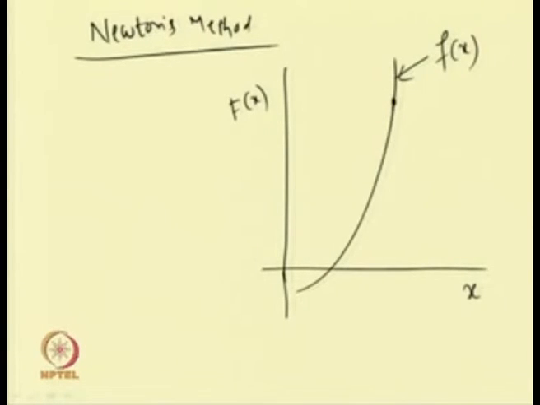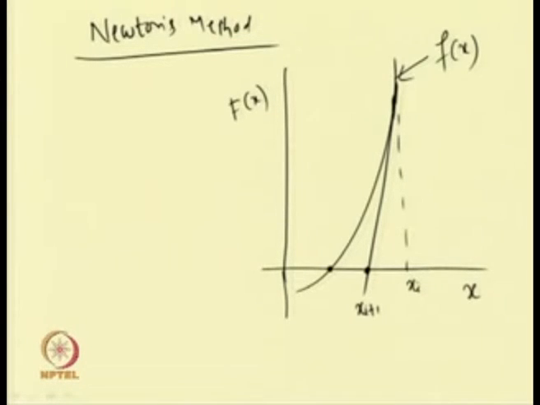Now find a tangent to this at this point, draw a tangent to this. So, if this is the ith point, let this be the ith point x_i, the next point x_(i+1). This point will be x_(i+1), which you can see is much closer to the solution point. So, this is the solution point.